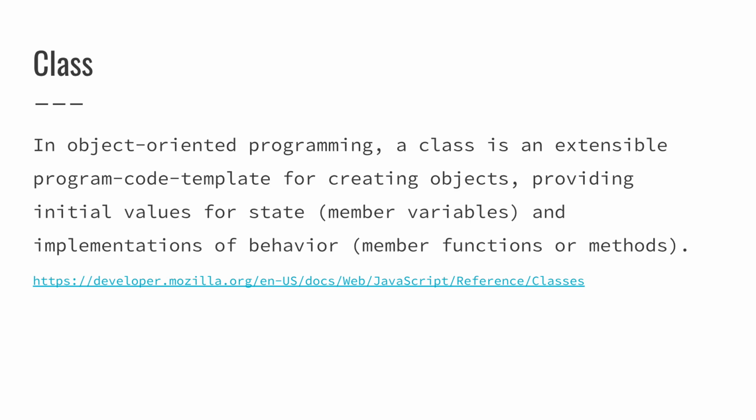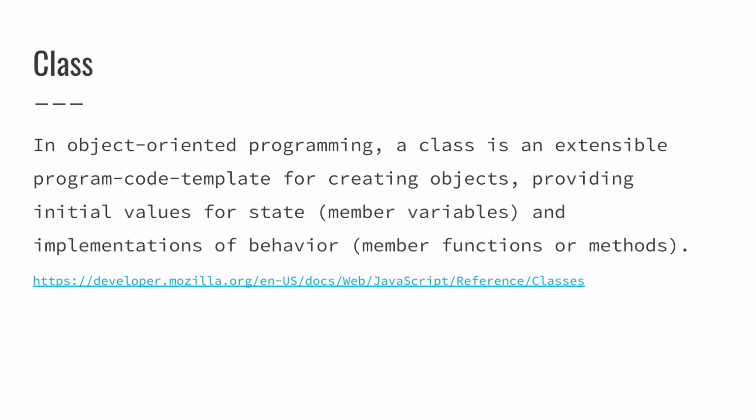A code template. So what is a template? It's something that you take and from a template you create something new, right? That's the code template. And this is creating objects, because that's what it is in JavaScript. You create objects. Providing initial values for the state. That's the constructor part. And an implementation of the behavior, and those are the methods.